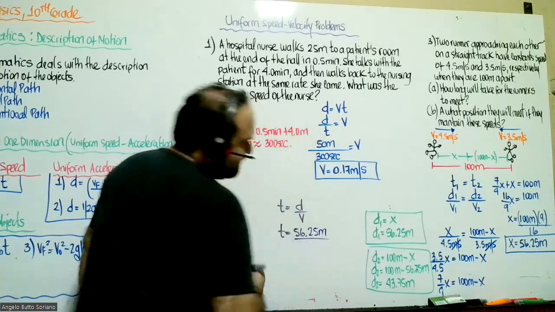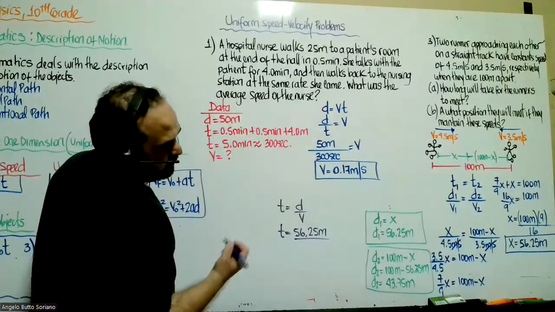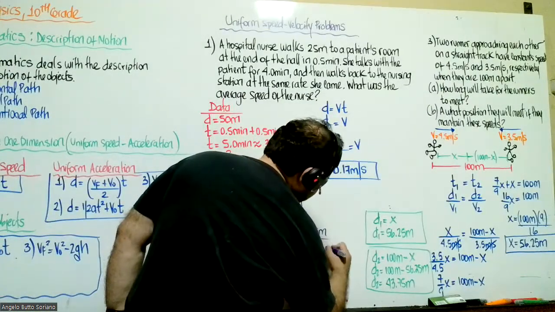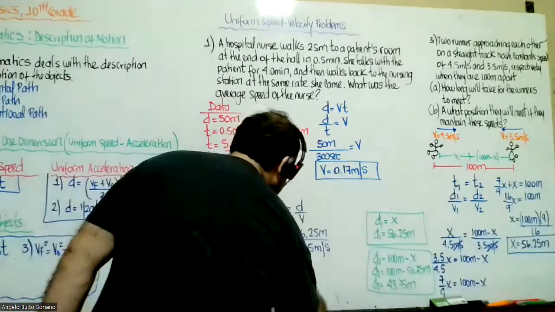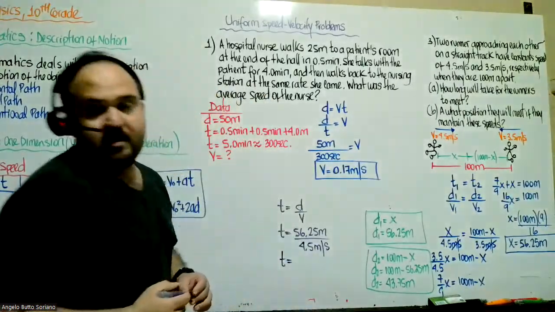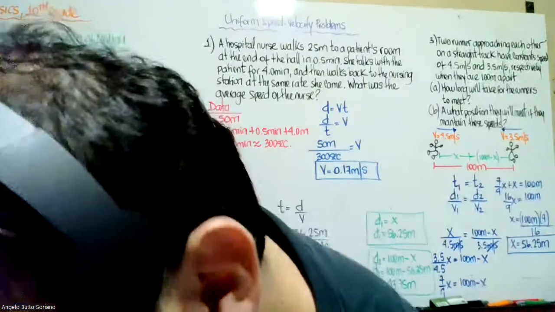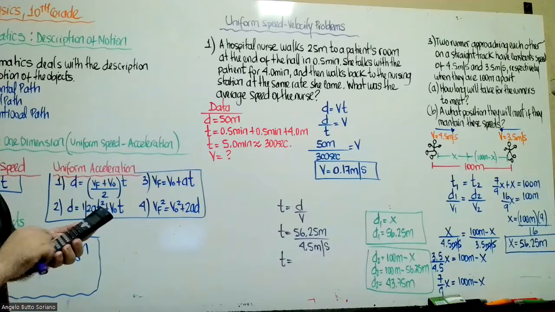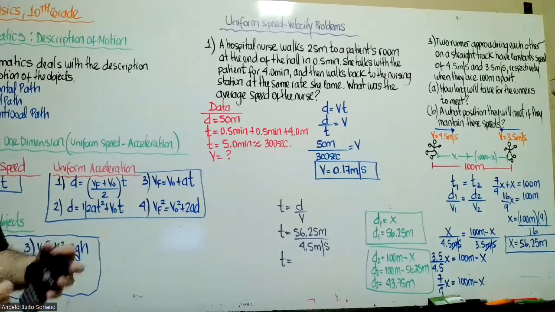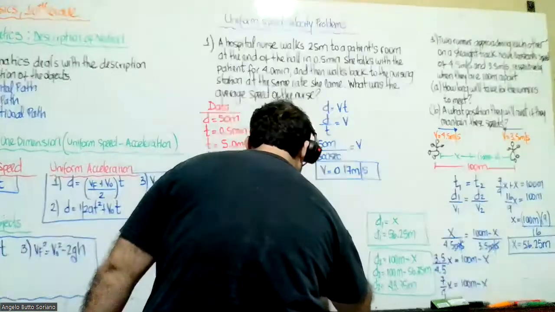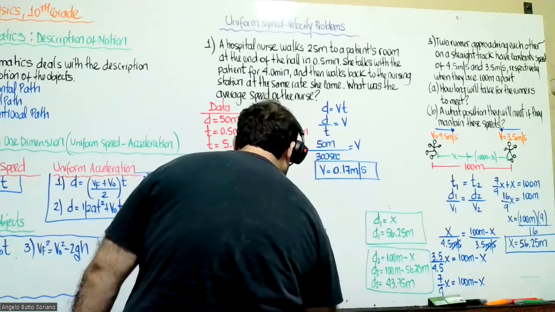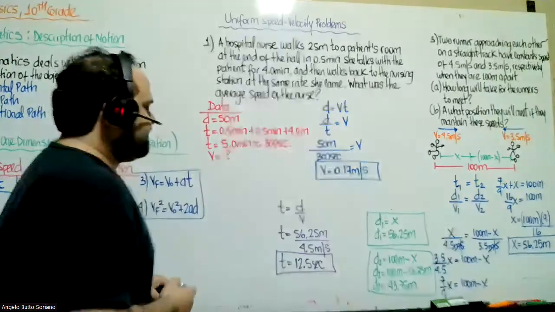And we must divide it by the velocity, that will be 4.5 meters per second. For that reason, the period of time for the first runner, 56.25 divided by 4.5, will be 12.5 seconds. That will be the period of time until they meet.